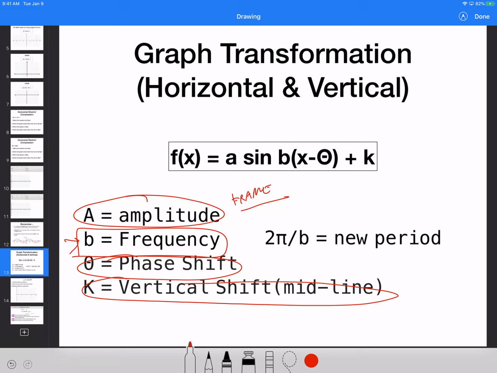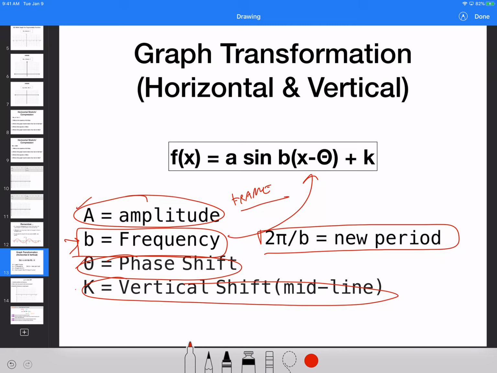Now, when we're talking about frequency, this will take some time. This entire week, we're going to be strictly talking about frequency and how to implement it on this graph here. You're going to have to learn a new thing called a new period. The frequency and the period is basically the hardest part about trigonometric graphing.